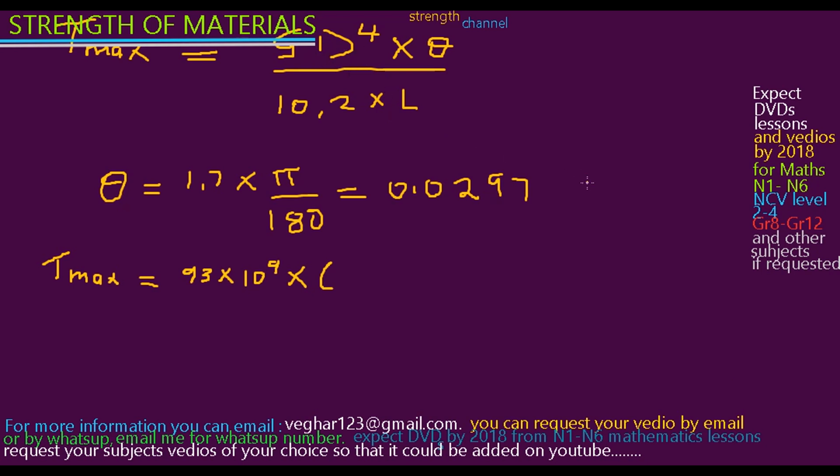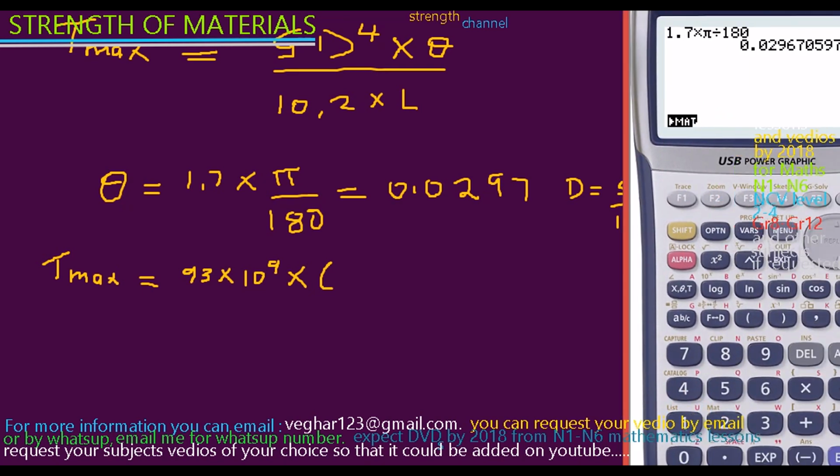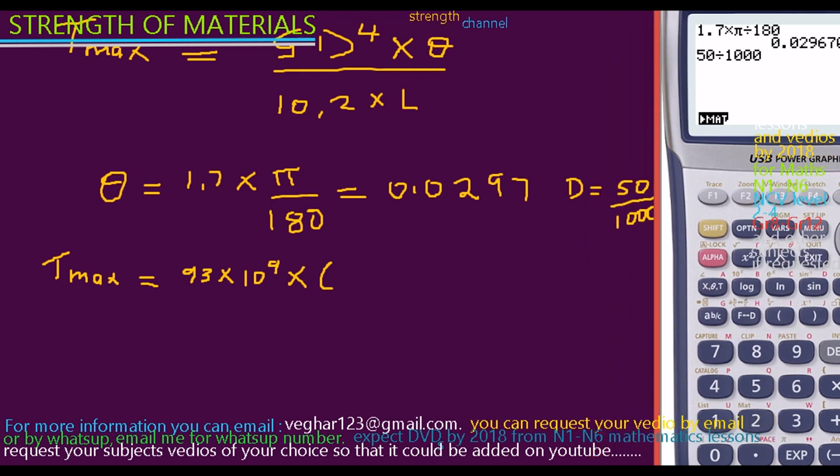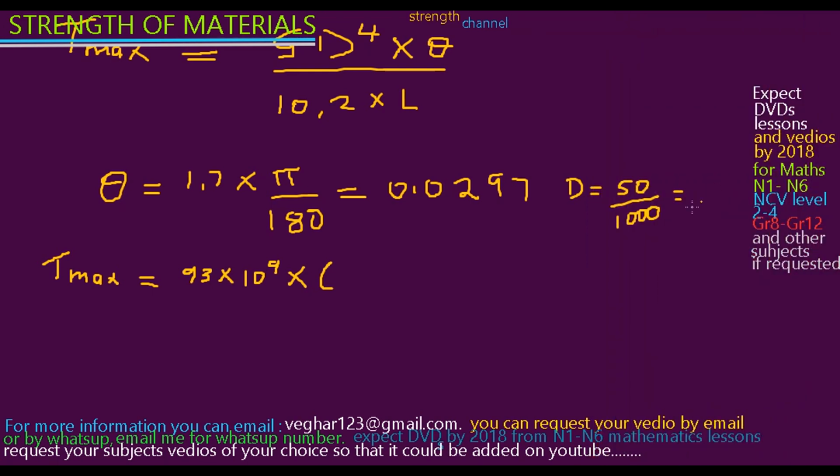To change this D, converting this one, it's 50 divided by 1000, and then you have 0,05.